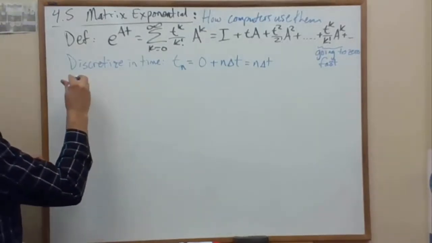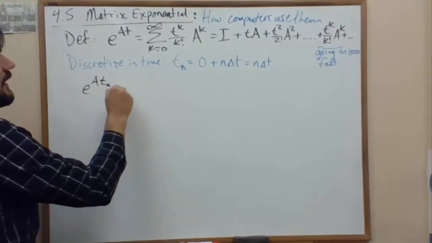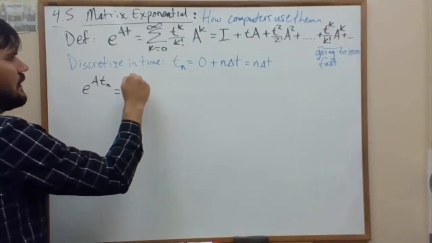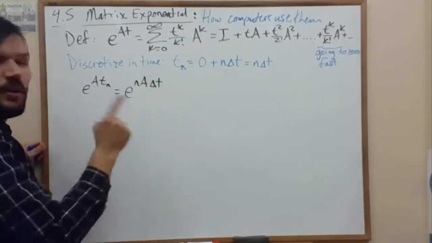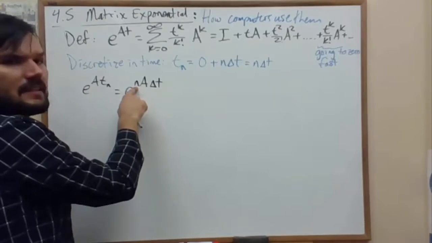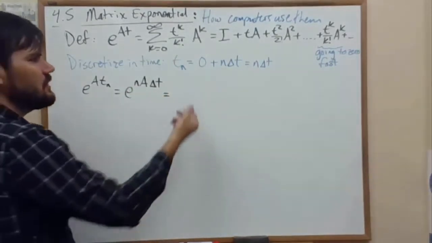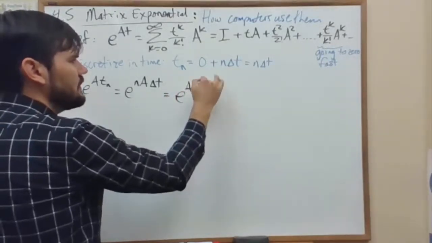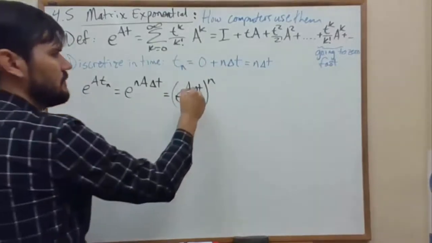We have e to the A t_n as e to the n A delta t, and the only thing that's changing here is this n, and it's changing by an integer, so we can take e to the A delta t and power it up.